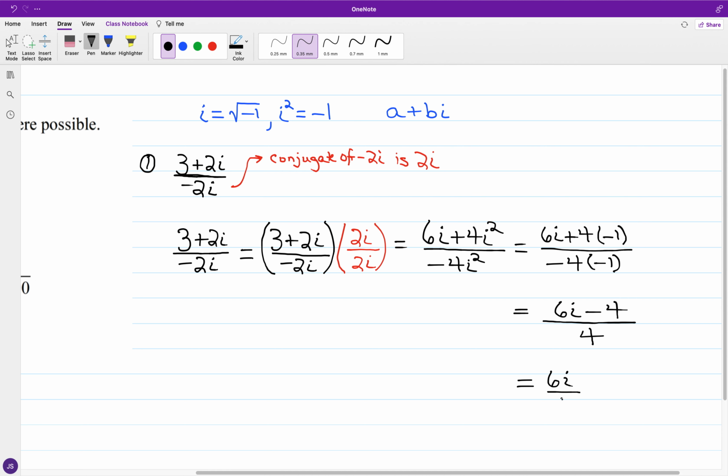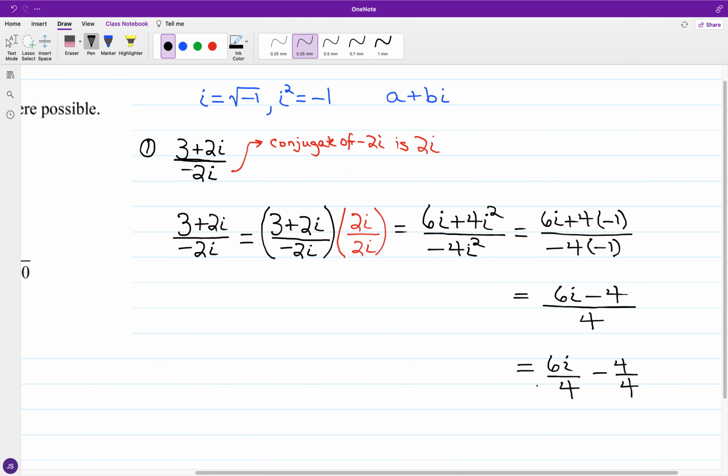If I split up the terms, we have 6i over 4 minus 4 fourths, and these ratios can be simplified. 6 fourths can be reduced to 3 halves, so 6i over 4 we can write as 3 halves of i.